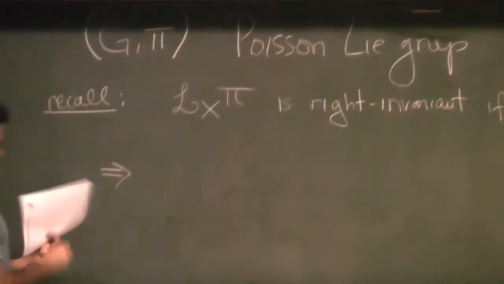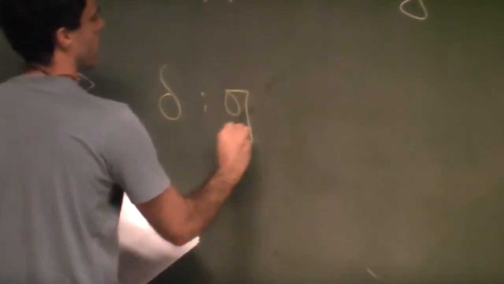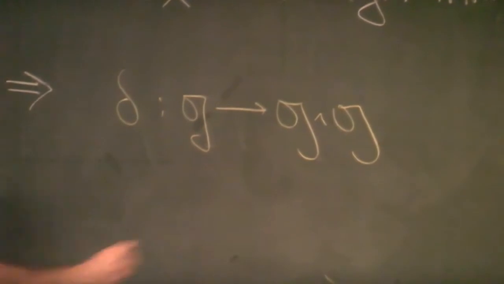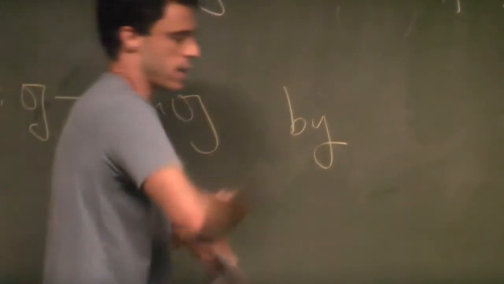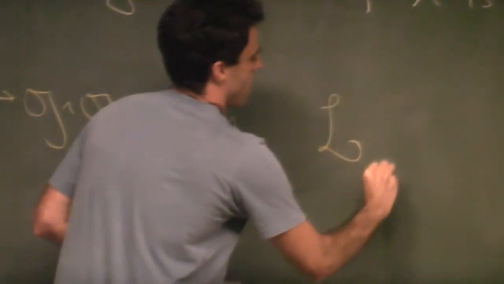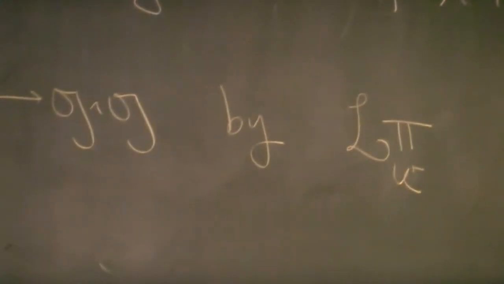And from that, you see that you can define the following. So this defines the following operation in a natural way. So basically you can find a certain operator from here to here just by the following condition: if you start with the Lie algebra element U and you take the associated right invariant vector field and you differentiate the bivector in that direction, this is something that is right invariant.